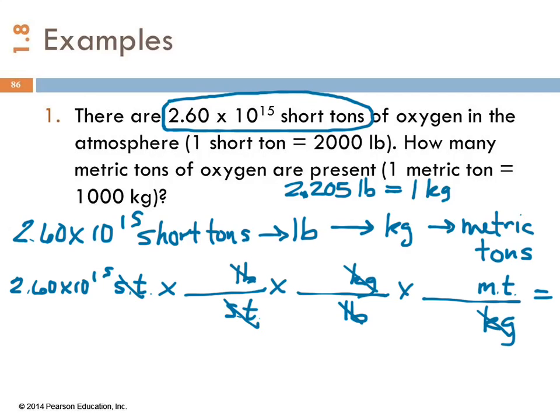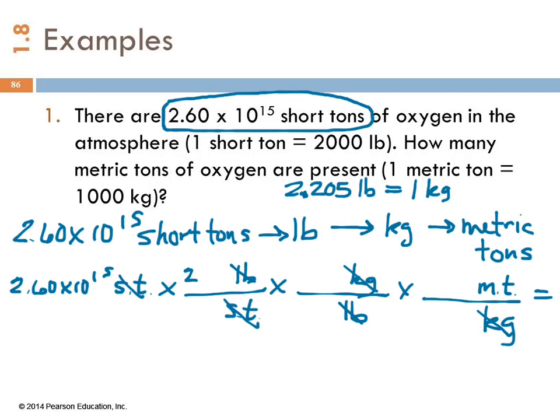We've analyzed the dimensions. We've looked at the units. The units tell us where to put the numbers. So we get all the units in first, and now we go looking for relationships. Here we need the relationship between pounds and short tons. Well, that's right here. 1 short ton, 2,000 pounds.